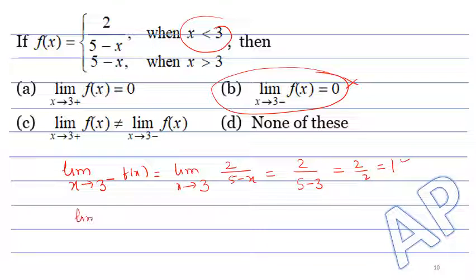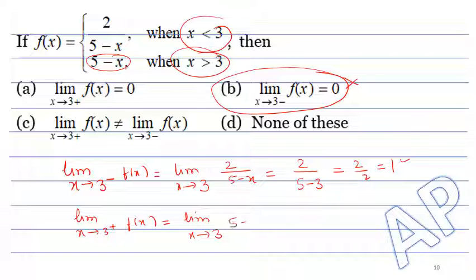Now let me find the limit as x tends to 3 plus of f of x, that is the right hand limit, which is the limit as x tends to 3 of, when x is greater than 3, I have 5 minus x here, so it is 5 minus 3, which is 2.